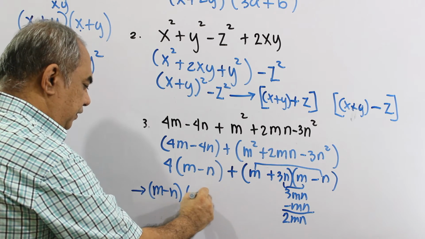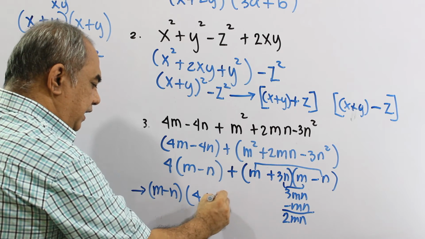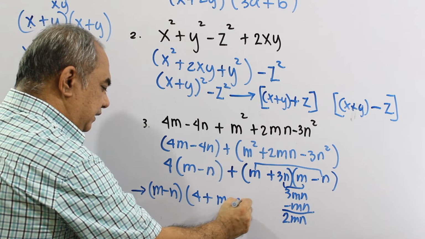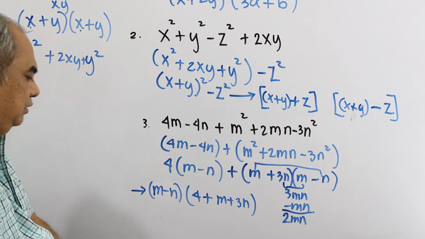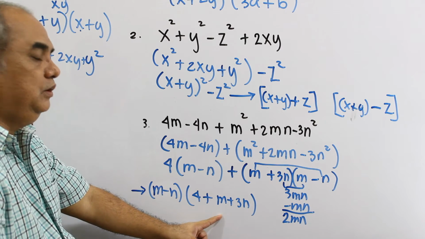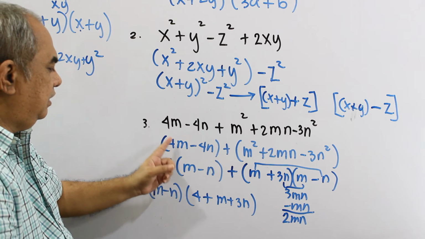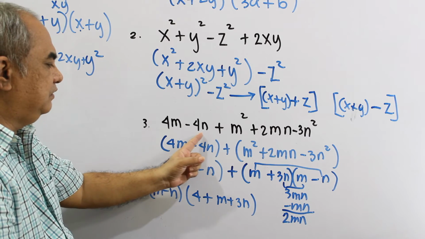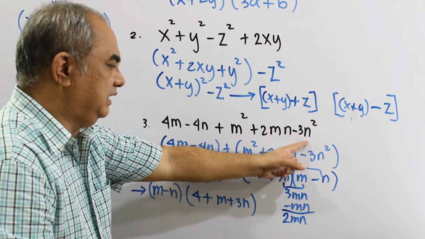So we have 4, and this is addition, plus this one, m plus 3n. Okay, so this is now the factored form using factoring by grouping for our algebraic expression 4m minus 4n plus m squared plus 2mn minus 3n squared.